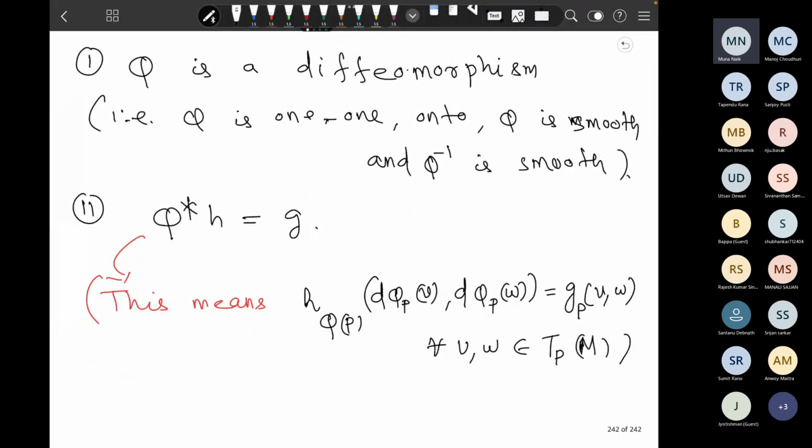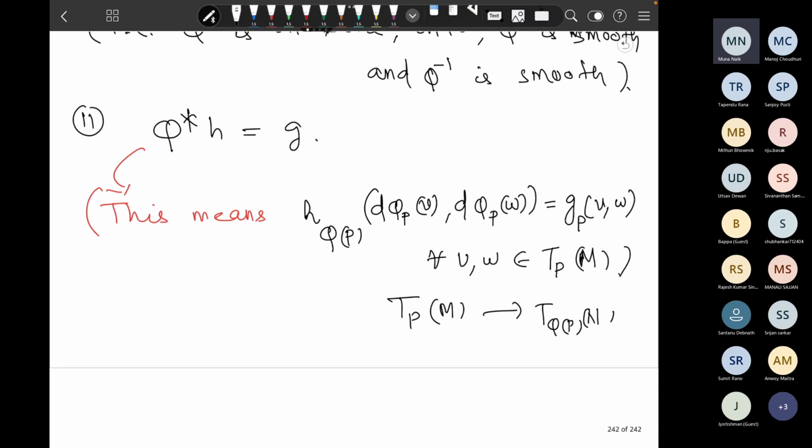So this condition matters. Now, if you take the two inner product spaces T_pM and T_phi(p)N, then this d phi_p is a unitary map.